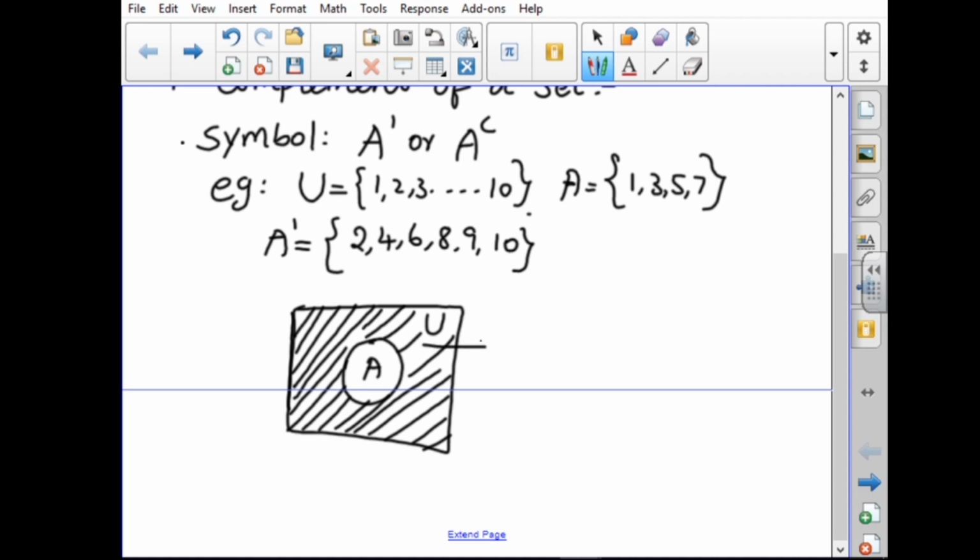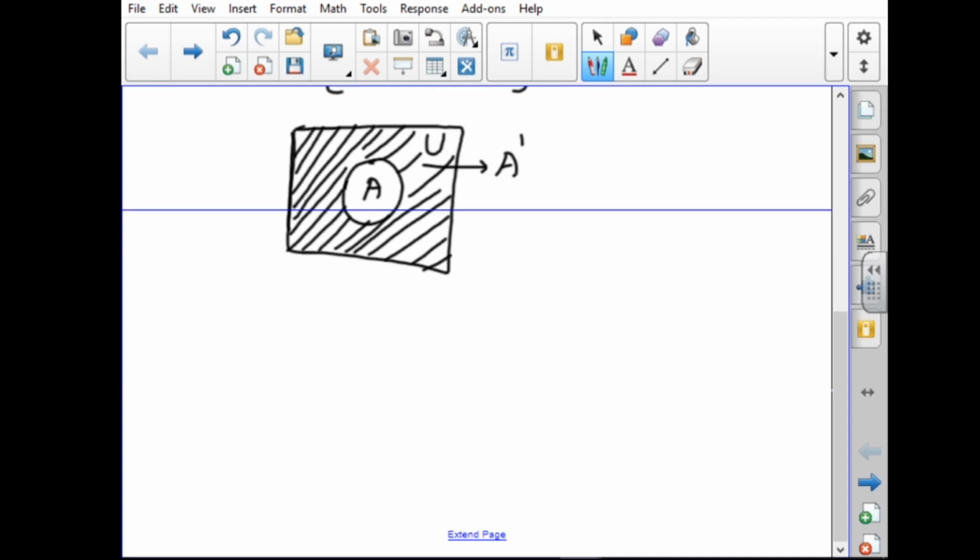This shaded part is A dash. This is the complement. So complement means the set of elements of U that are not in A.